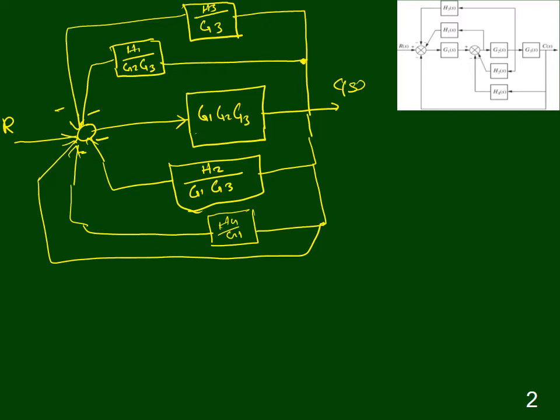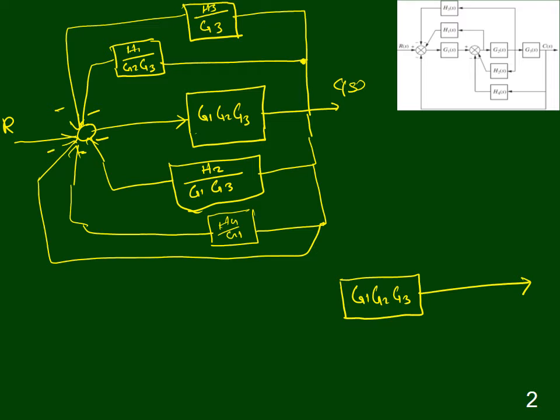Combining all of them together, if I look to the block diagram, over here we will have G1, G2, G3. This is the output.